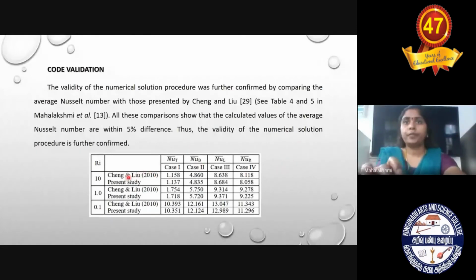I have considered the Cheng and Liu paper, in which the average Nusselt number is calculated at the top wall, bottom wall, left and right walls. So I have reached the heat transfer rate like this. So I came to know that I got the proper convergence, and it gave the confidence to proceed further for the numerical calculations.